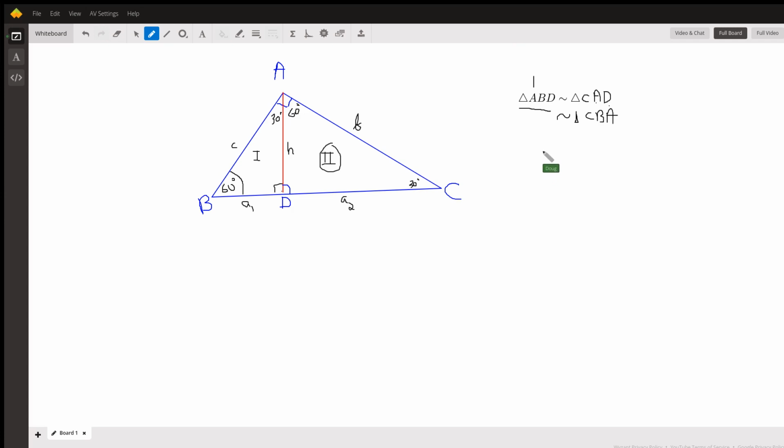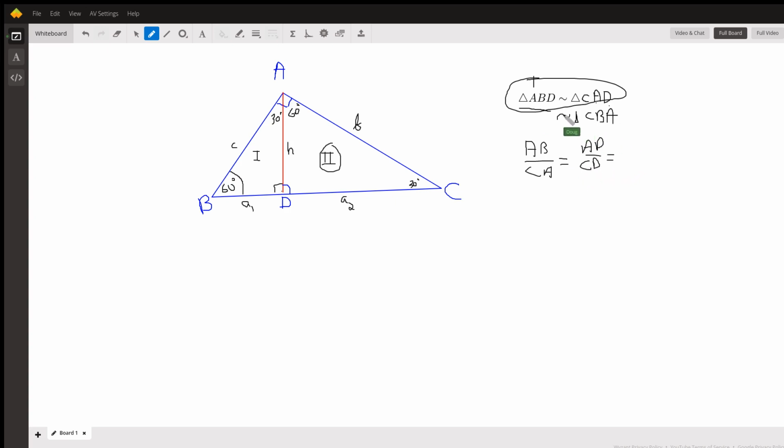Okay. Now, if the triangles are similar, let's use this right here so you can see the idea. AB corresponds to CA. AD corresponds to CD.